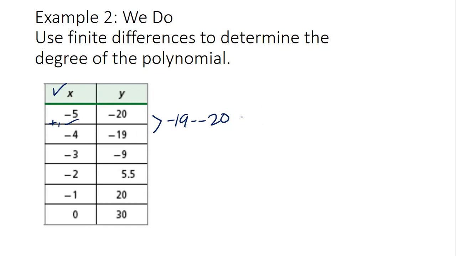And then what does that equal? A negative times a negative is a positive, so it's actually negative 19 plus 20, which equals positive 1. All right, what's next? 89 minus 19. So we get 10. Good job.